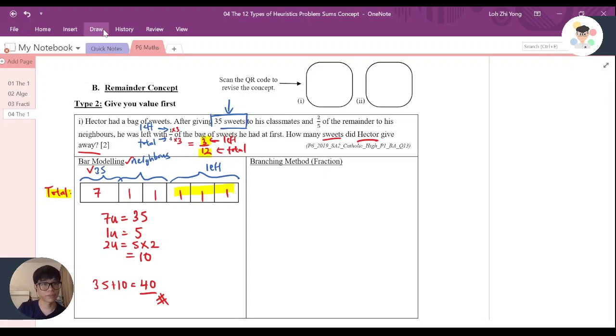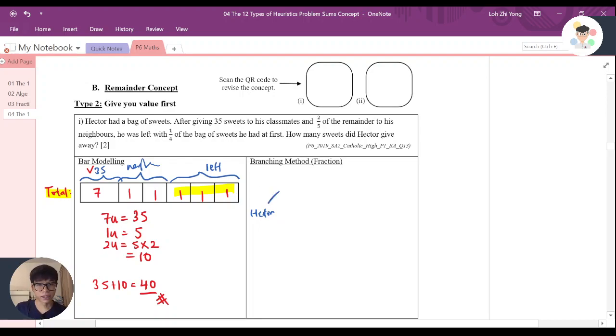Now, the same thing, let me erase everything here. And I will show you how we do it with the branching method, but now we are using fractions. Let me quickly write down these labels. Now, if you use the branching method, this is what we do. Hector had a bag of sweets at first. This is Hector.